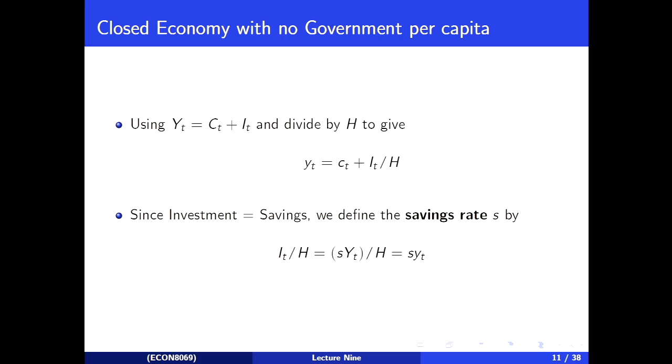S y sub t, which is savings per person, is just total investment divided by number of people. So we talk about this being savings per capita.